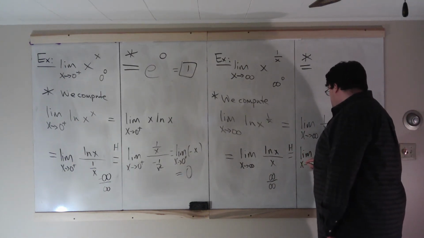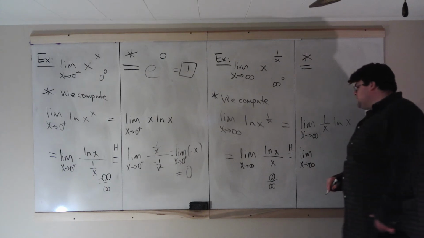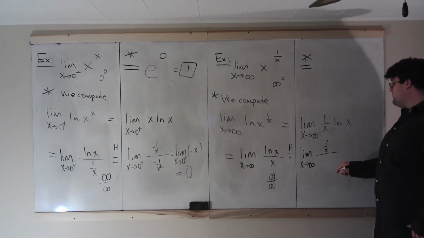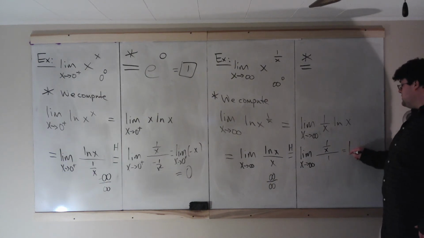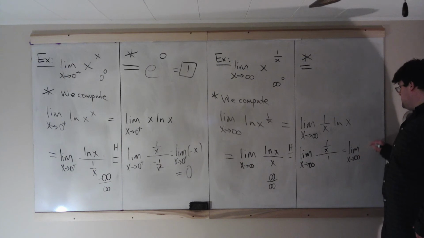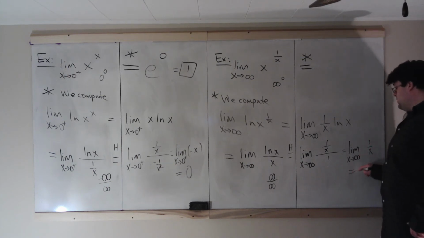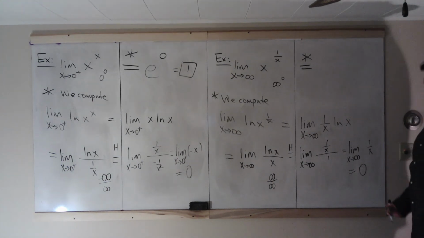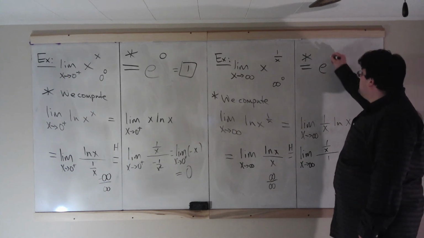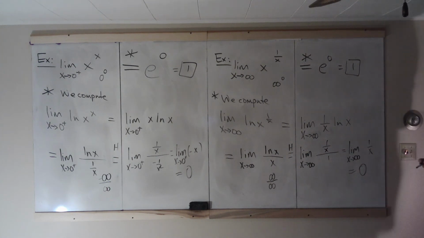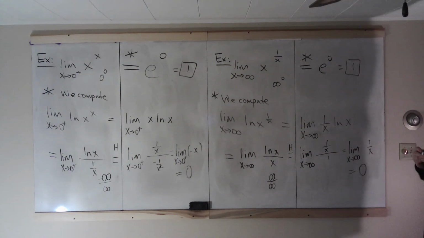And that limit is now equal to this limit. Derivative of the top, 1 over x, derivative of the bottom, 1. How does this simplify? Limit as x goes to infinity still, of 1 over x, which equals 0. So this limit down here is 0. That tells us the limit we want is e to the 0, which is 1.